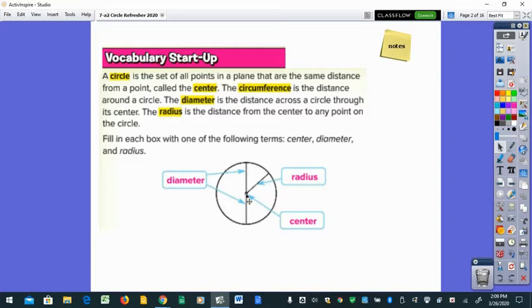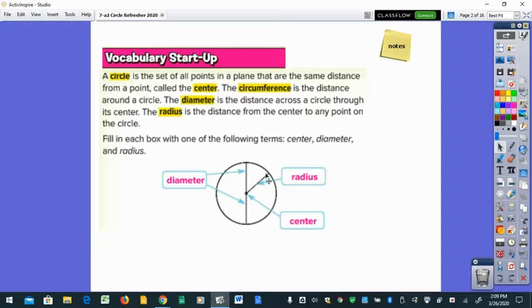The circumference is the distance around the circle, kind of like the perimeter of a circle. The diameter is the distance from one point on the circle to the opposite side, running through the center. The radius is half that distance. It's half the diameter.